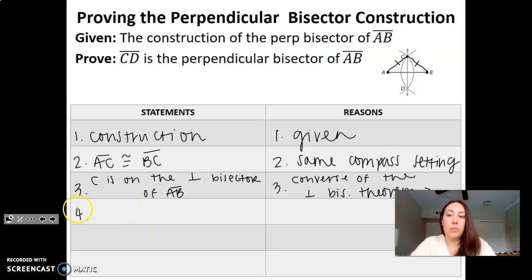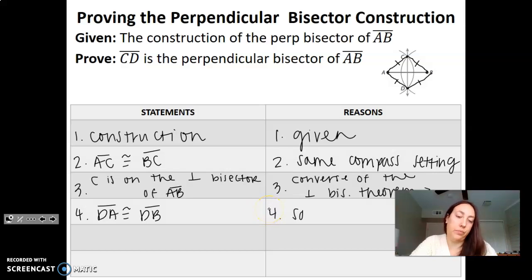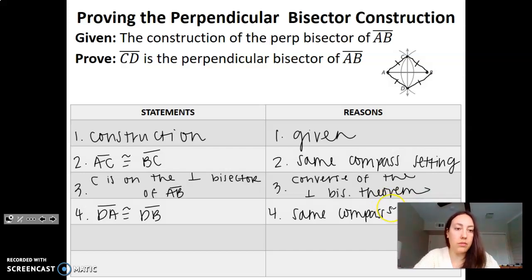Okay. We can say the same thing about point D. So if we go ahead and draw segments AD and BD, we know those are for the same reason as before. We used the same compass setting to construct point D, so we know that DA and DB have to be congruent. So same compass setting was used. All right.